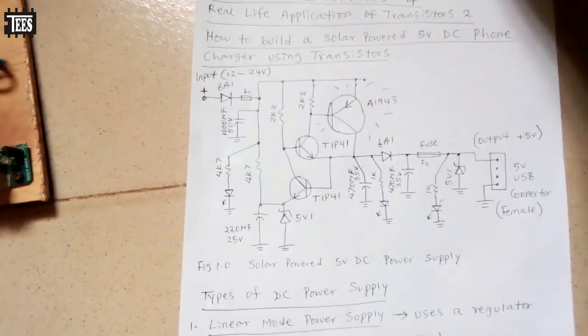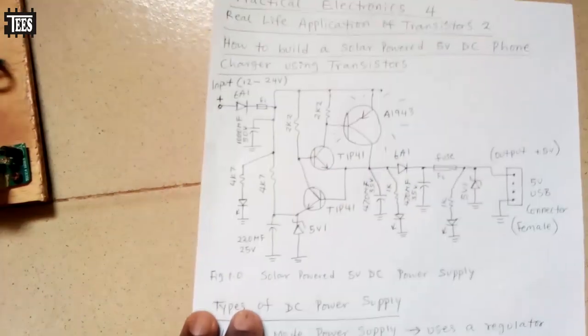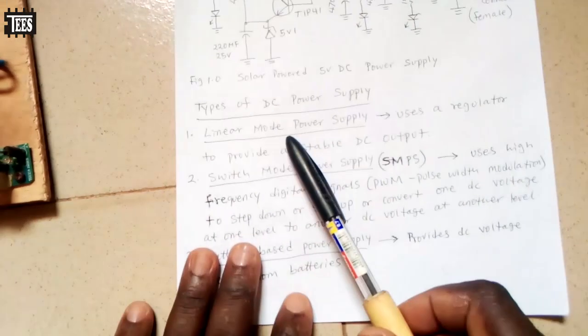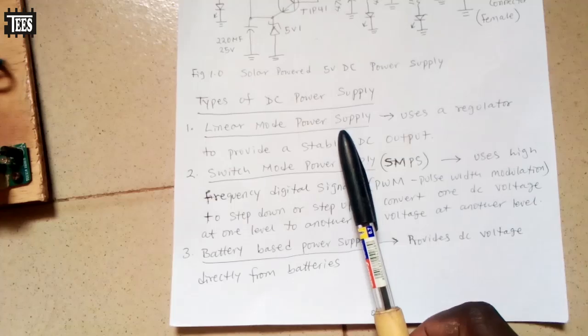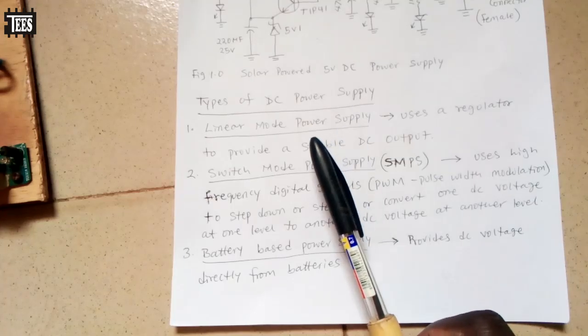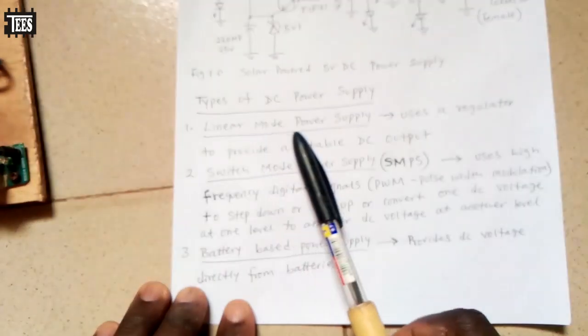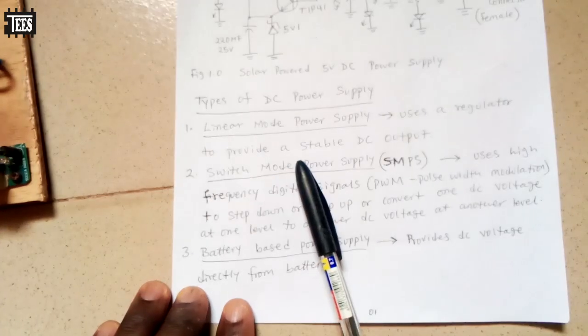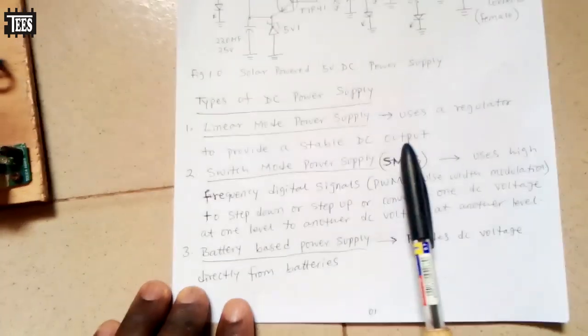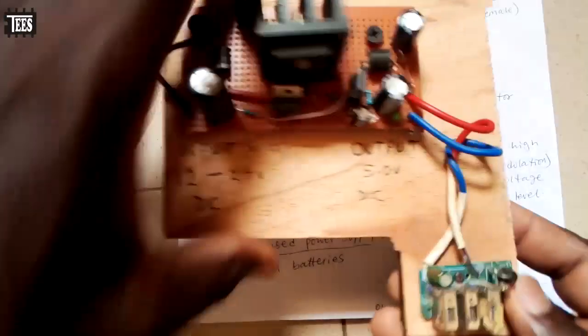So before I explain the circuit, let's take a look at this. We're going to talk about types of DC power supply. We have the linear mode power supply. This uses a regulator to provide a stable DC output, just like the one that we have here.